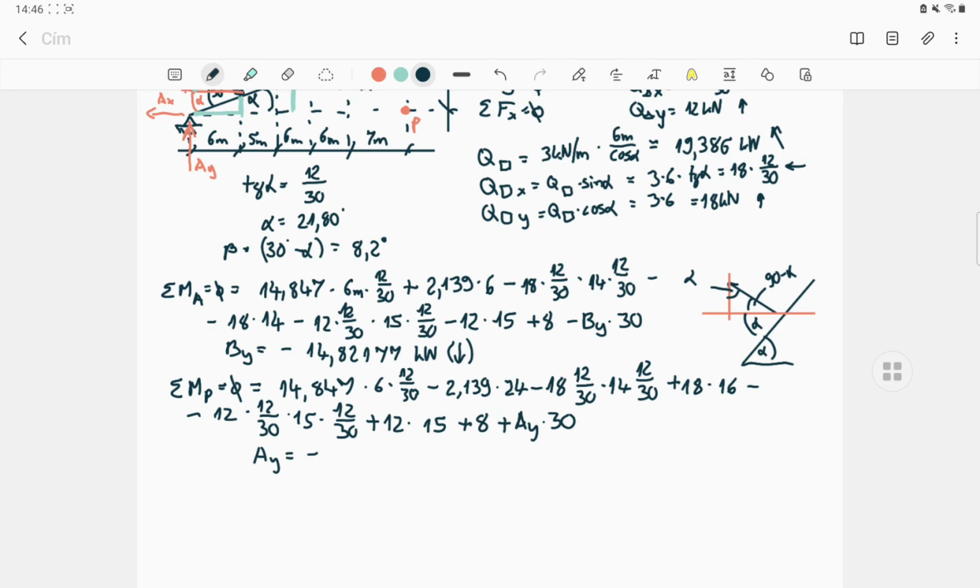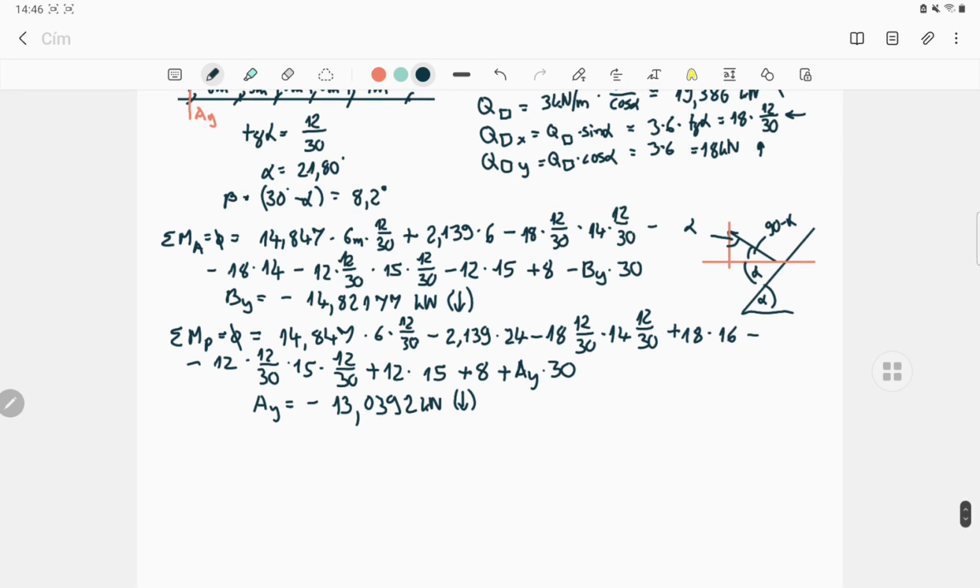Okay, move to the other side and divide back with 30. Okay, so 13.0392 kilonewton. It's negative, so I have to turn it down.